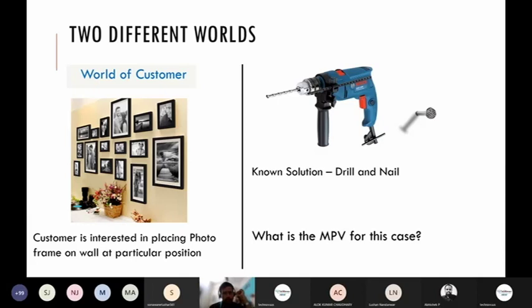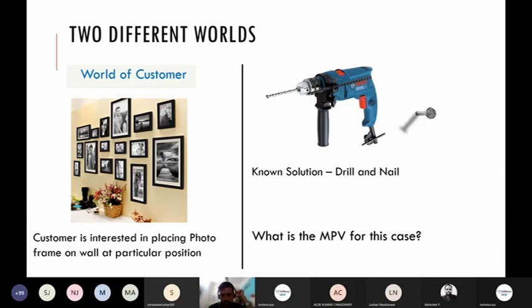When somebody says the drill speed, somebody says hole diameter, somebody says number of nails, you already are assuming the solution, as if the solution is a drill and the nail only.